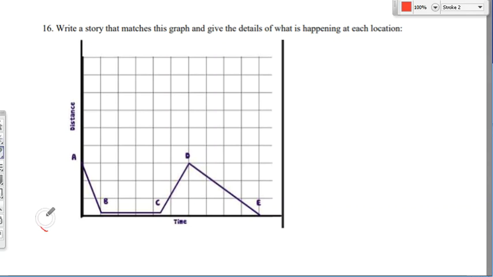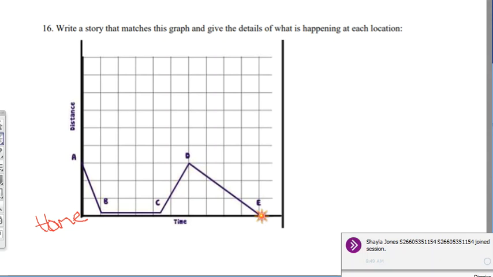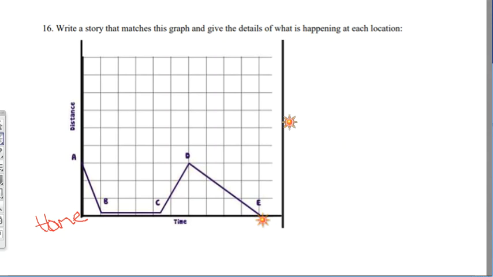An idea for a story that I thought of was a kid is playing at a friend's house, and then he decides to go back home and to eat lunch, and then to go back to his friend's house after lunch, and then to go back home a little later in the day. Okay, you can come up with whatever story you want. Just make sure that your story matches the graph.